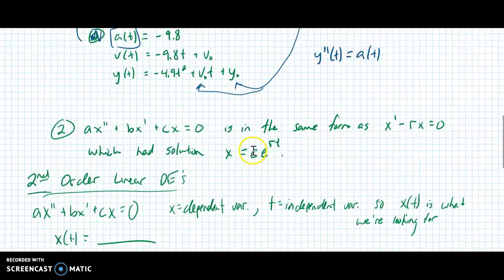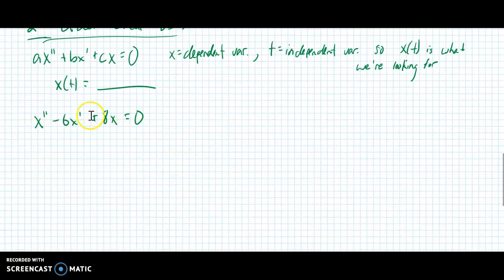These were things that we could solve. And then we said, oh, snap, these second order ones are really similar. They've just got an extra derivative piece here. So this is the key. I'm going to attempt something. I'm going to take a trial solution of x equals e to the rt.